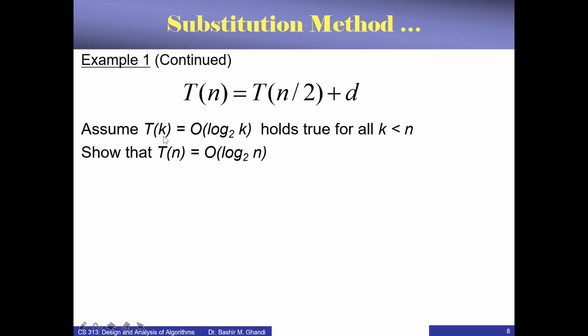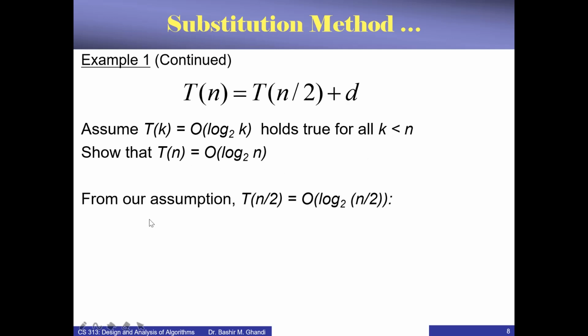In other words, if it holds for k less than n, it also holds for n itself. From our assumption, we are assuming that the result is true for any k less than n. If it is true for any k less than n, definitely it is true for n/2, because n/2 is less than n. And therefore, T(n/2) is big O of log of n/2 to base 2. This is by our hypothesis.